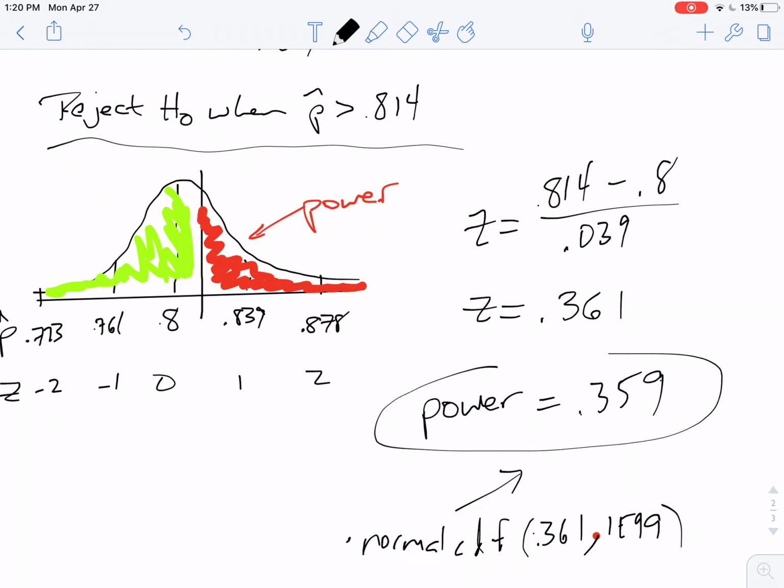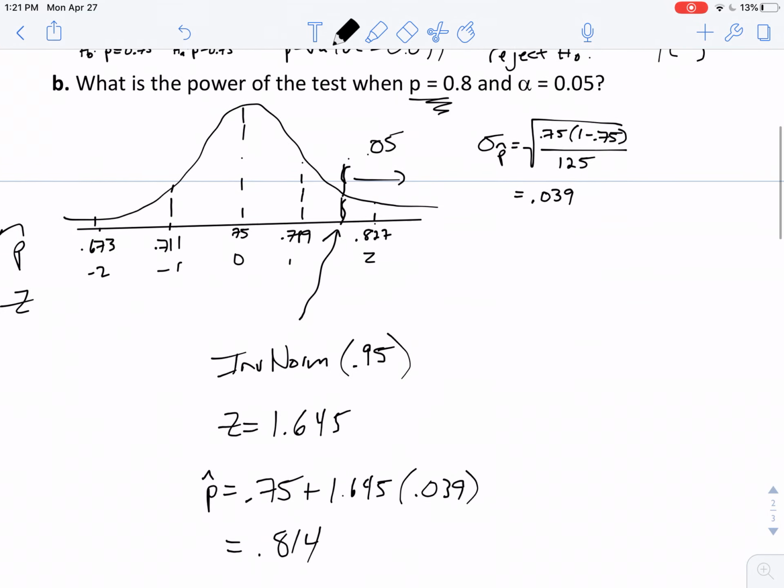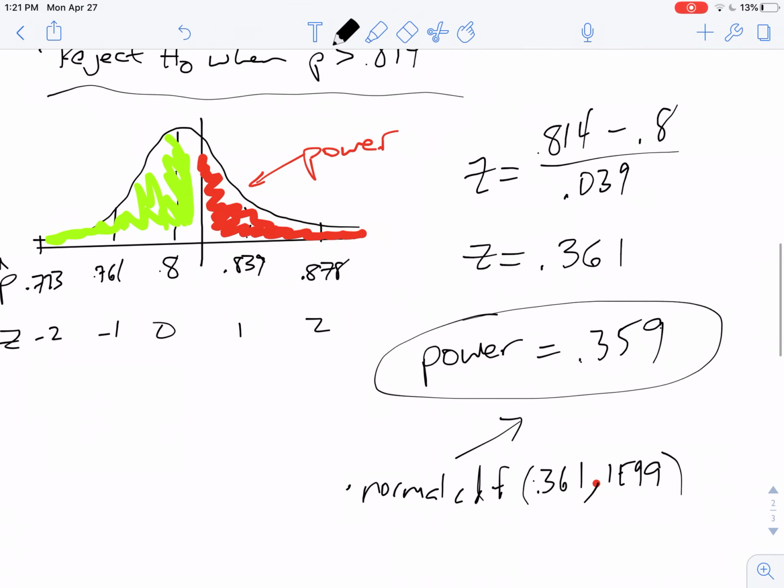So that is the power of the test, the probability of correctly rejecting this false null hypothesis. So about a 36% chance of correctly rejecting the false null, again, which is what we call the power. All right, so that is the answer to part B. Hope that makes sense. Thanks for watching.